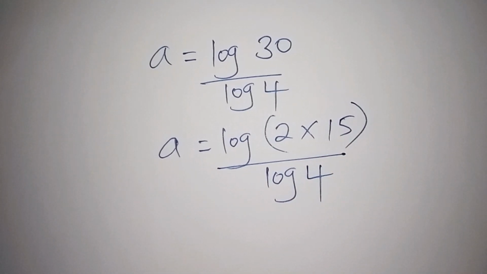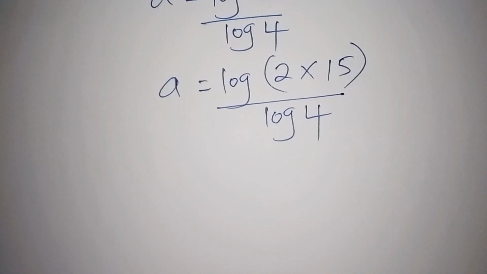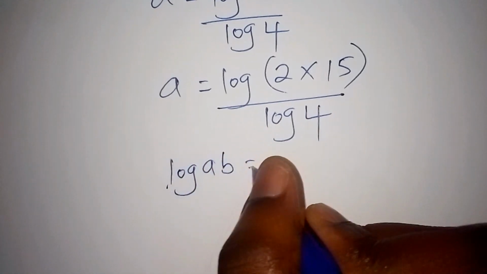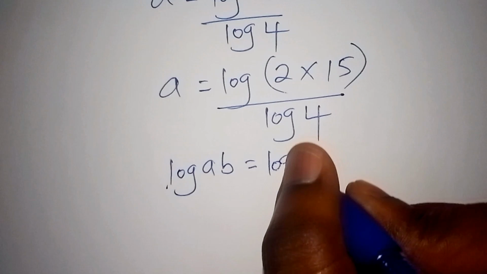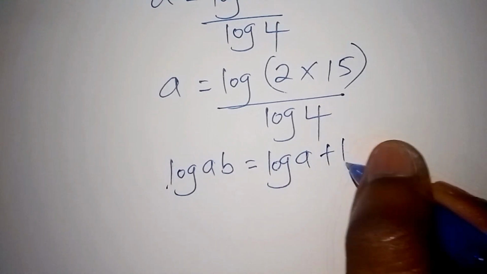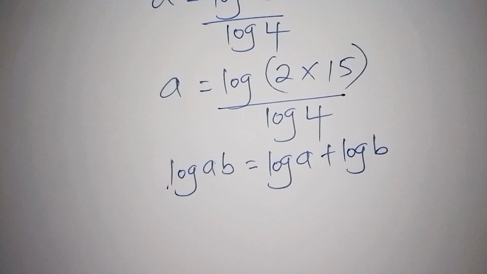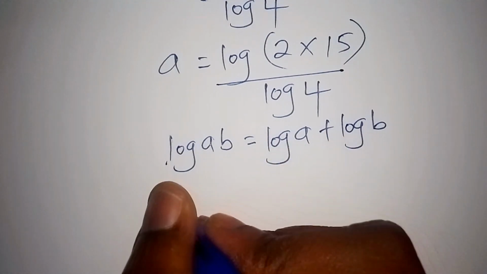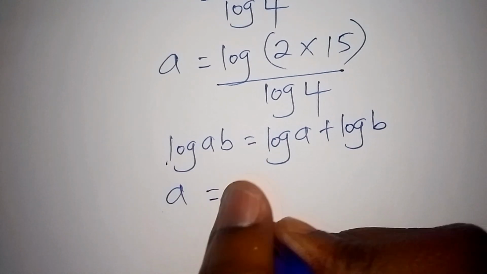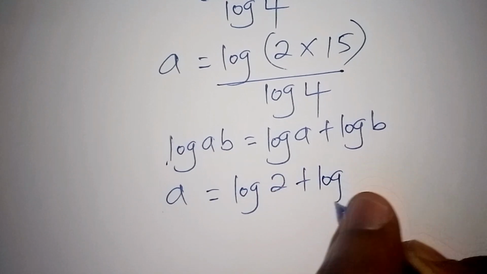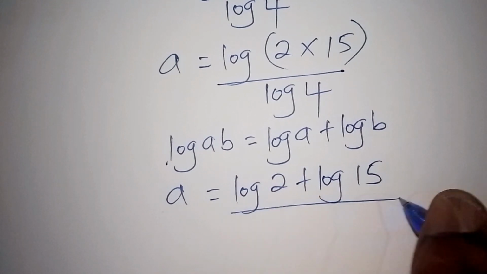So we know that suppose we have the log of a, b, this can also be written as the log of a plus the log of b. So when we rewrite, a is equals to the log of 2 plus the log of 15 all over the log of 4.